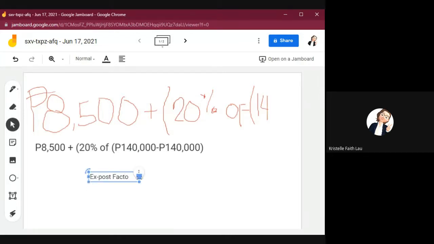Ex post facto. This law, the ex post facto, provides for the infliction of punishment upon a person for an act done when such act was not punishable when it was committed. It is a type of punishment, a kind of rule.